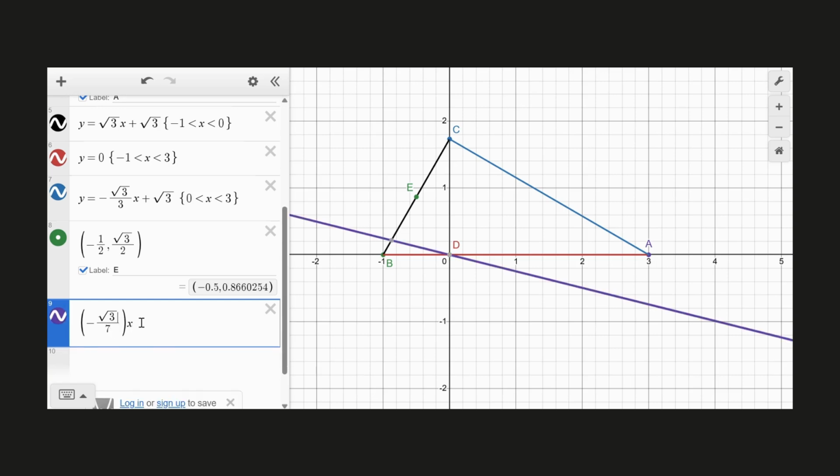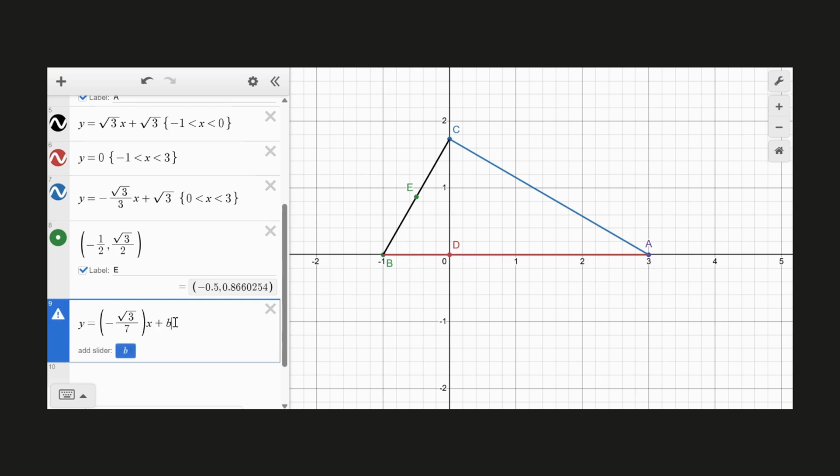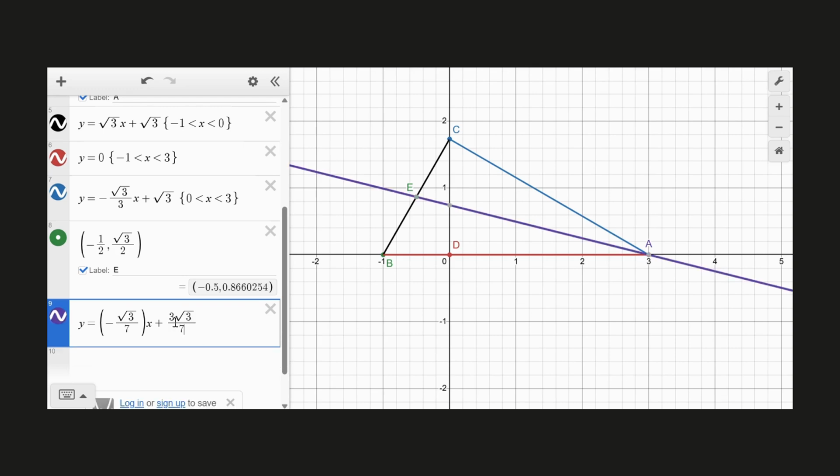Using this, we have y equals -√3 over 7 x, and we move this up so that it'll intersect with A, which means that we plug in 3, 0 into this, giving us -3√3 over 7 plus b equals 0. So then b equals 3√3 over 7.